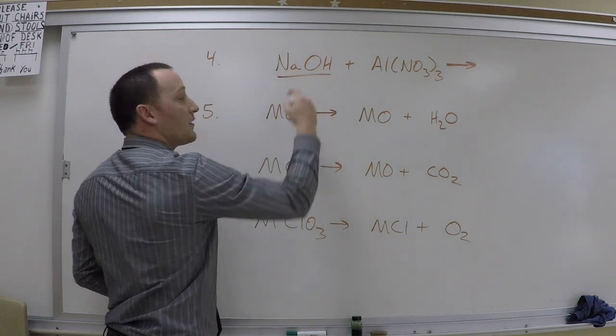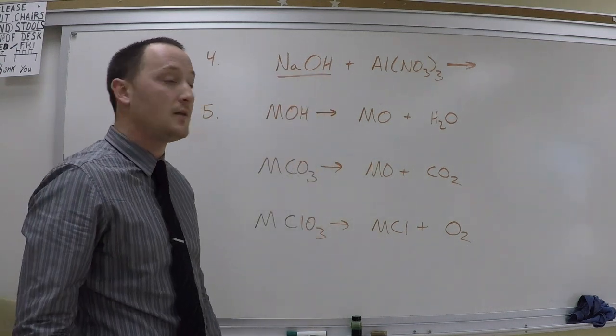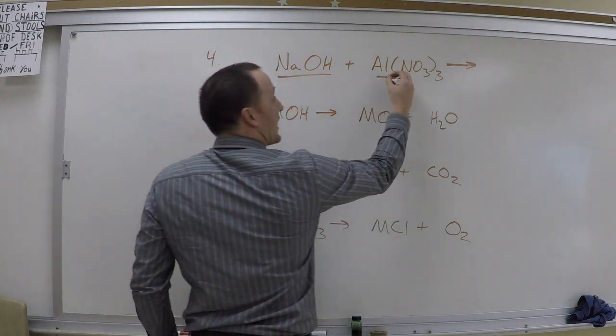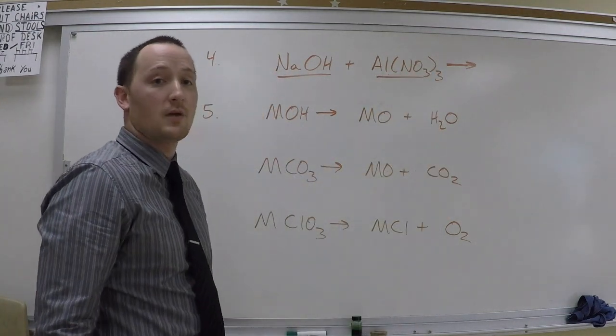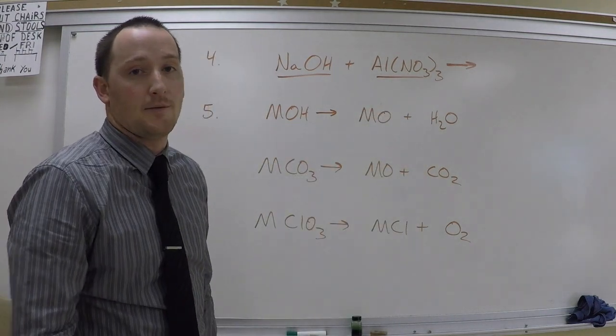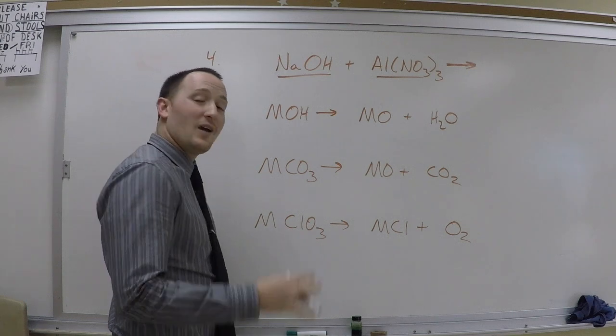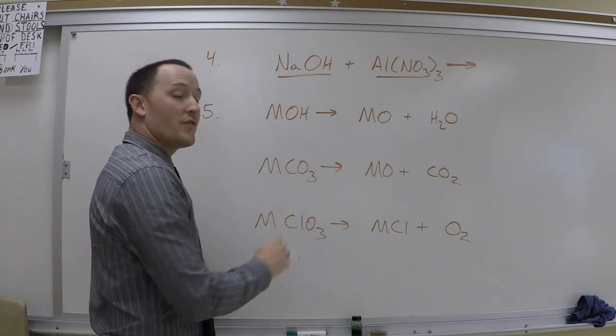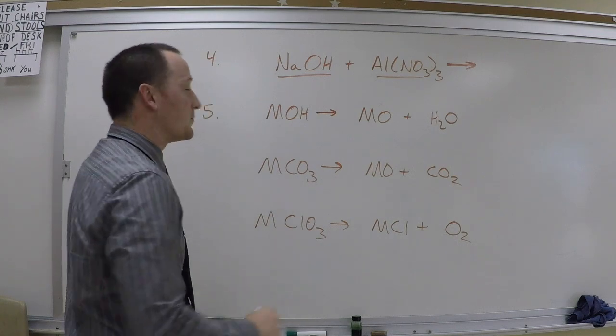How I know this is a compound is because there's more than one element in it. There's sodium, oxygen, and hydrogen. And we have it reacting with another compound, which is aluminum, and then the nitrate anion. So, in identifying types of chemical reactions, we learned that this type of reaction is called a double replacement.